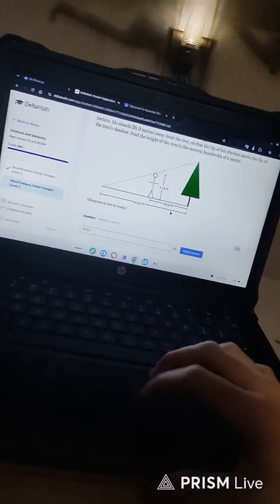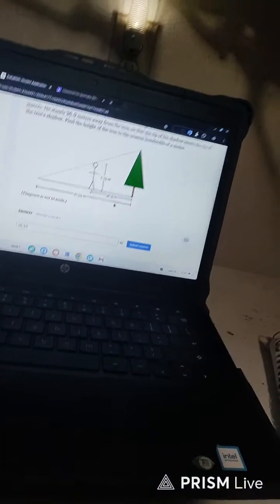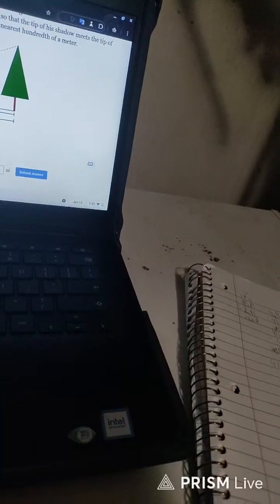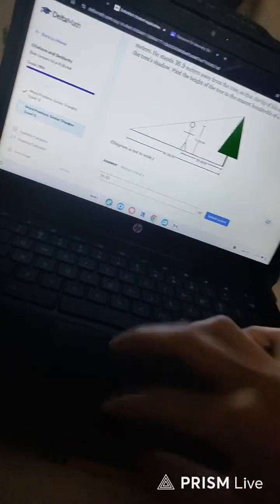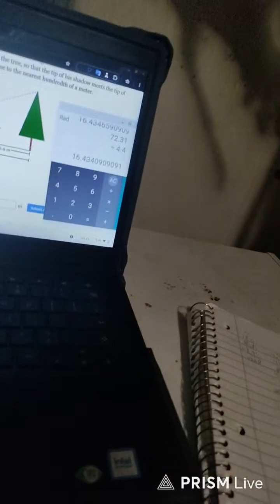No, that's not correct. Okay. Nearest hundredth of a meter. That's correct. Maybe it wants me to just do this right now. So maybe it wants me to do 72.31 divided by 4.4. That's going to be the same thing.